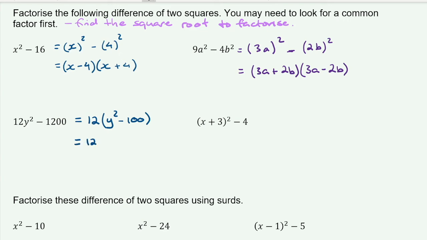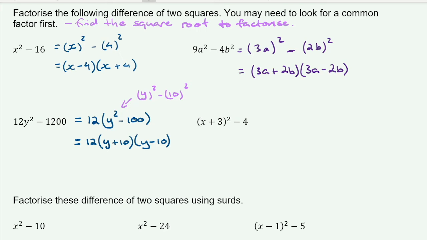We're going to keep that 12 out. And then we're going to have the same idea. So in here, we're going to have the y all squared minus 10 squared, which is going to give us y plus 10 and y minus 10. So inside that bracket, we're going to do what we did in the first two.